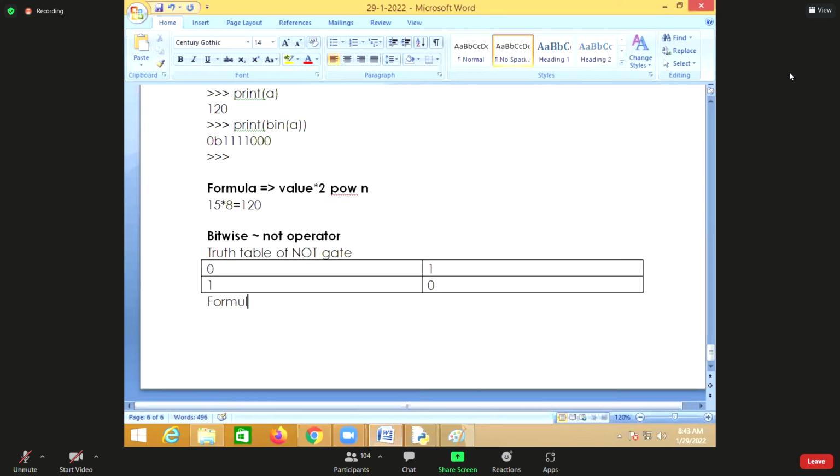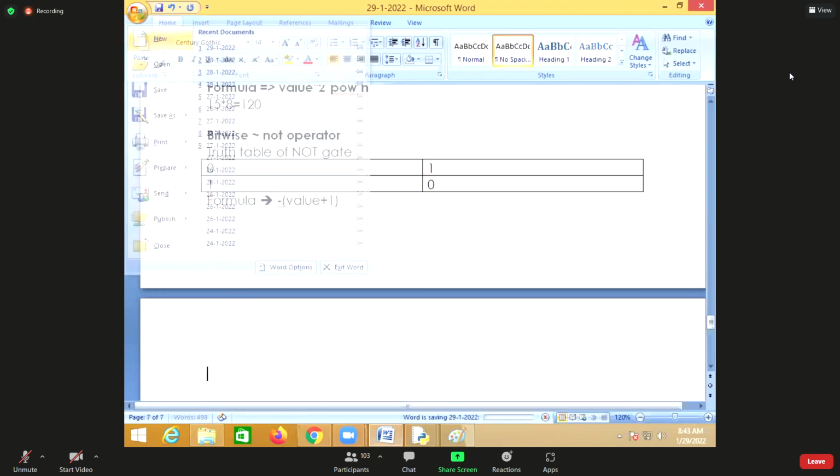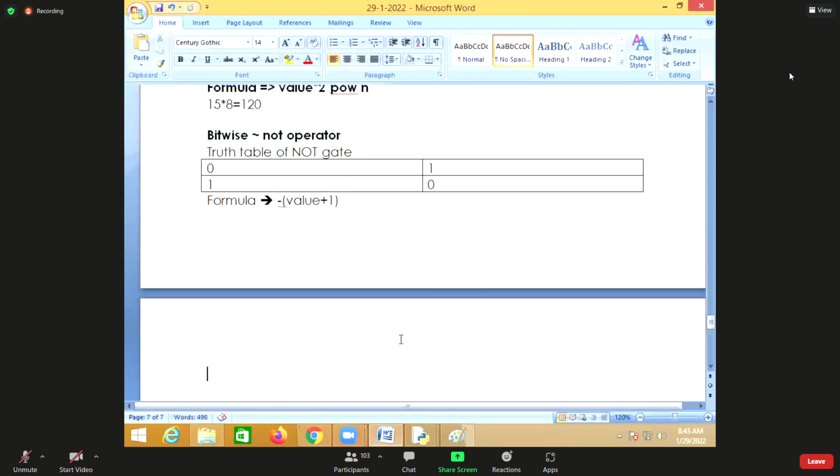What is the formula you can apply? Minus of value plus 1. What you're doing is minus of value plus 1.